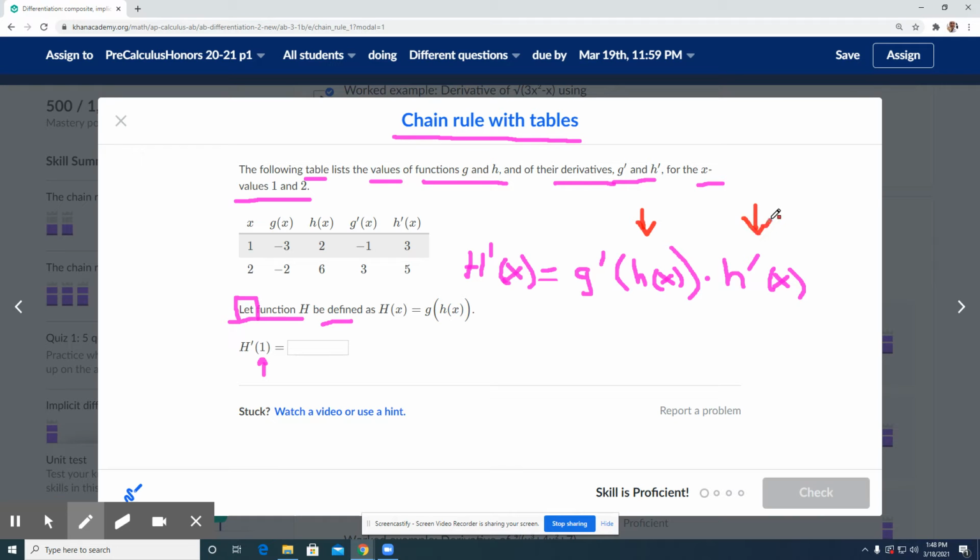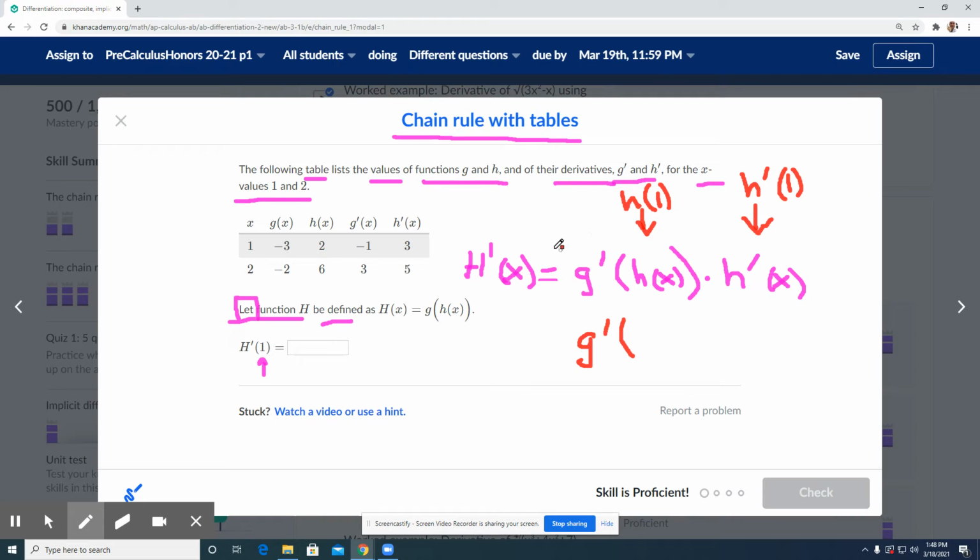I'm going to go ahead and do these two first because they're kind of separated function style. So g prime, and then this is h of 1 that I'm calculating, and then this is h prime of 1 that's being calculated.